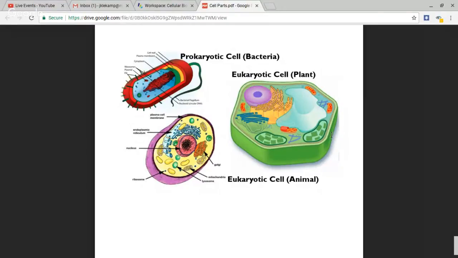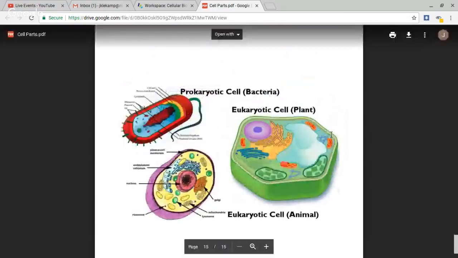Has a lot more organelles, more detail, more functions. A big difference between the plant cell and the animal cell is size. You can kind of see that the plant cell is a lot larger than the animal cell, and it has that large central vacuole. So what else we need to talk about here on this little one?